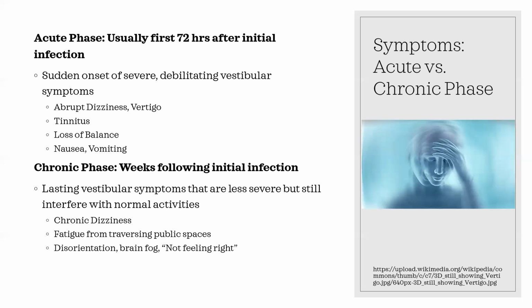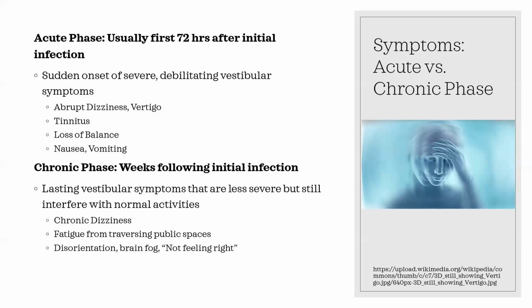And after the initial 72 hours, the chronic phase that follows usually lasts around 2 weeks, but has a slight chance of lasting even longer. These vestibular symptoms are typically less severe than in the initial phase, but still bad enough that they would interfere with typical activities of daily living.